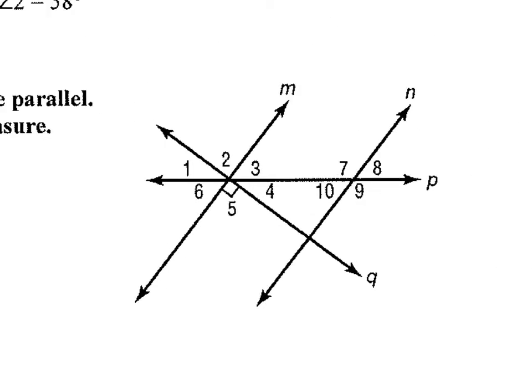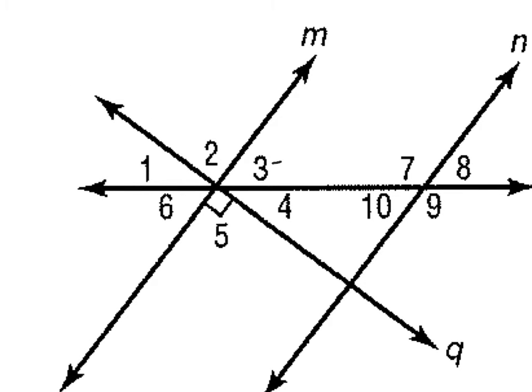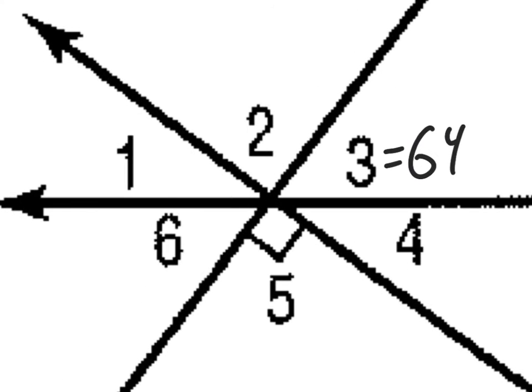So we know that angle 3 right here is going to be 64 degrees. Because of our vertical angles, the angles that are directly across from each other, angle 3 and angle 6 are both 64 degrees.